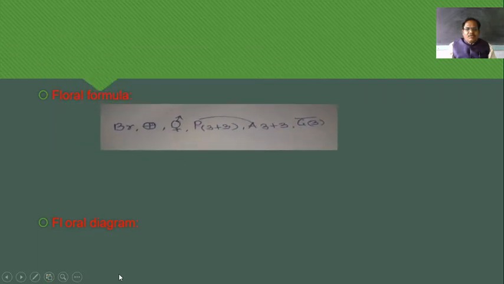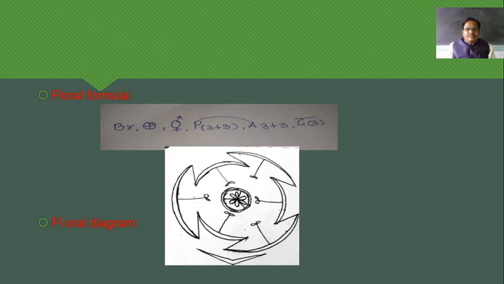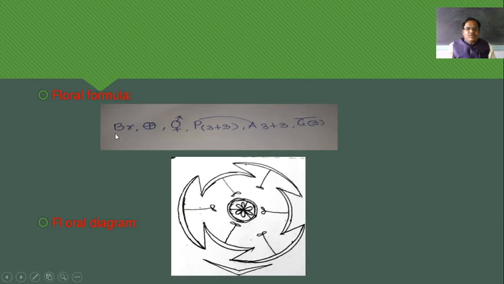Then floral formula. Floral formula: the flower having the bract, so bracteate. We can divide it into 2 equal parts, that is actinomorphic. Androecium and gynoecium are present, so they show the bisexual nature. Then perianth, they are 6, 3 plus 3, and they are gamophyllous.